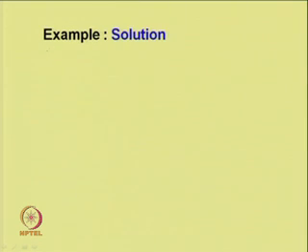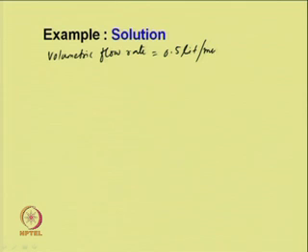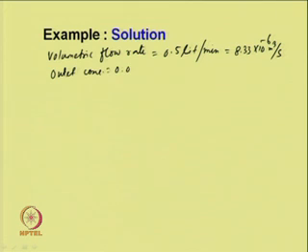Volumetric flow rate which is given is equal to 0.5 liter per minute. So, we obtain this is equal to 8.33 into 10 to the power minus 6 meter cube per second, and the outlet concentration is 0.025 kmol per meter cube.